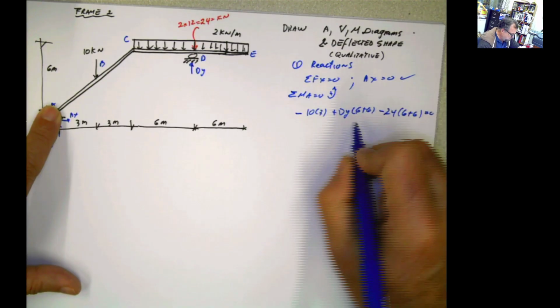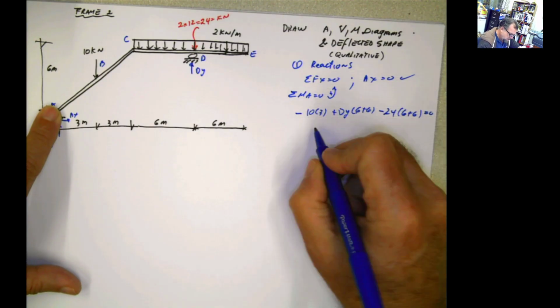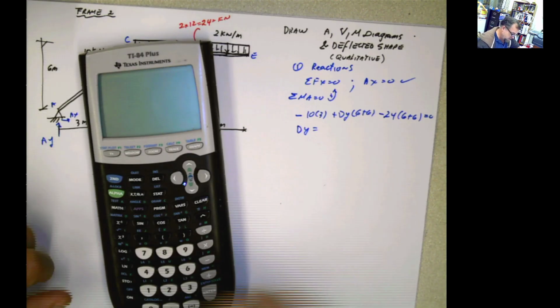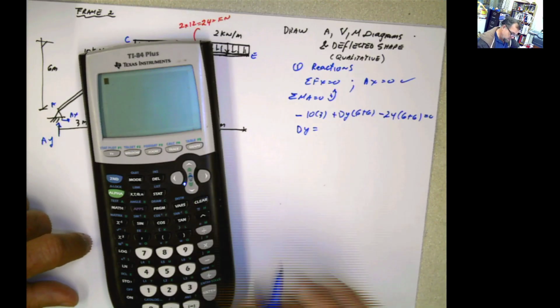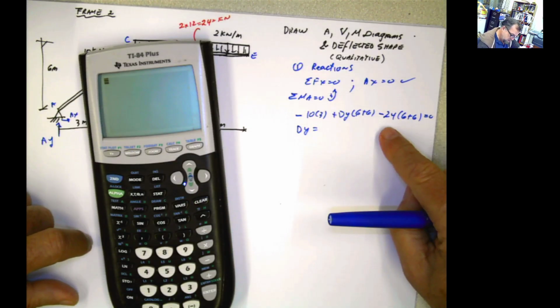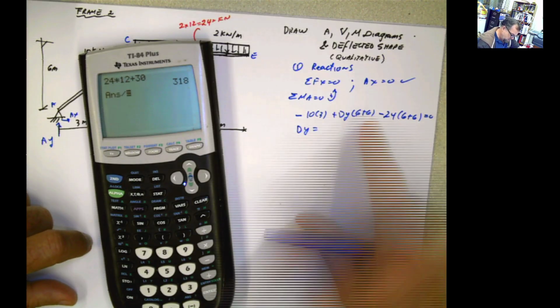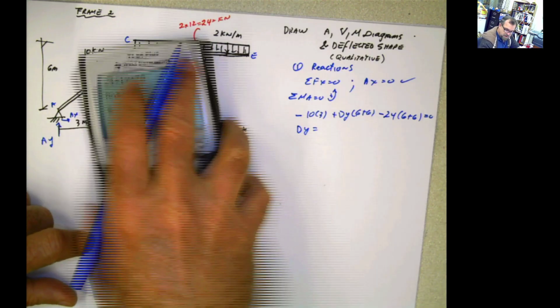When you solve for DY, let's see what we get. This is 24 times 12 plus 30 divided by 12, 26.5.